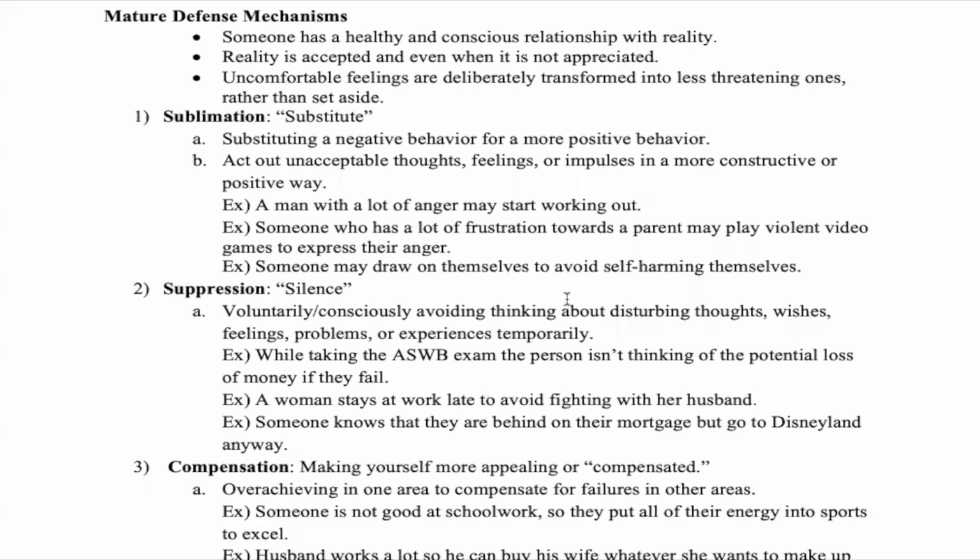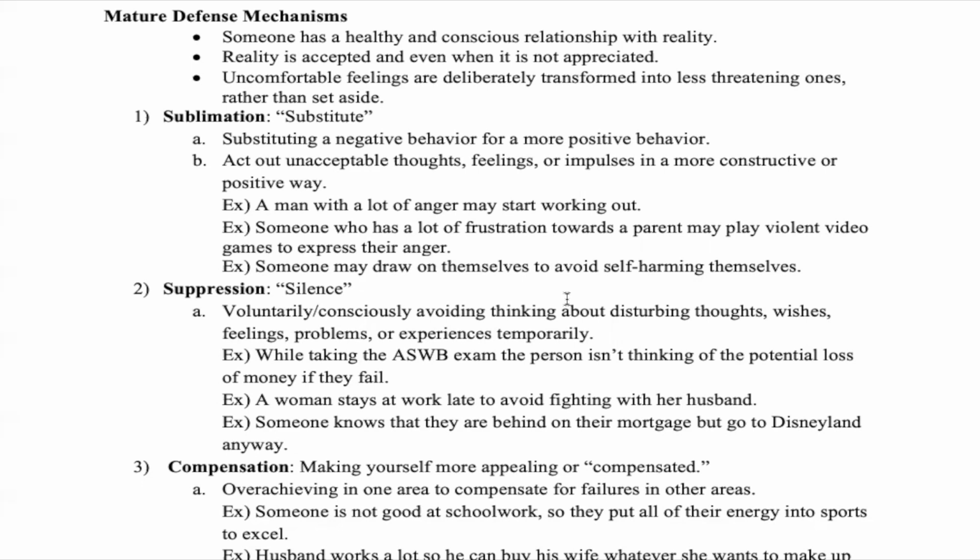This is where somebody may actively become aware of what they're doing and put forth action in order to improve it. Uncomfortable feelings are deliberately transformed into something less threatening than just setting it aside. That's going to be the important part: this is somebody actively doing something versus just setting it aside and not acknowledging it in some way, shape, or form.